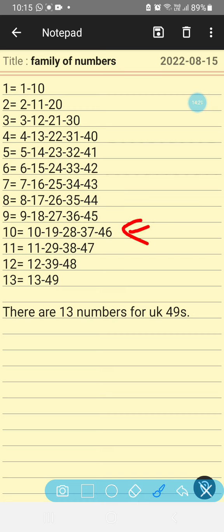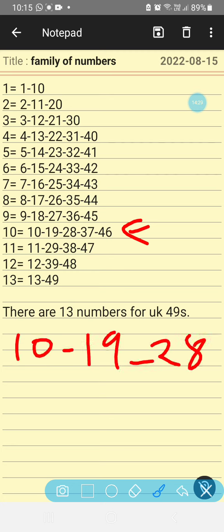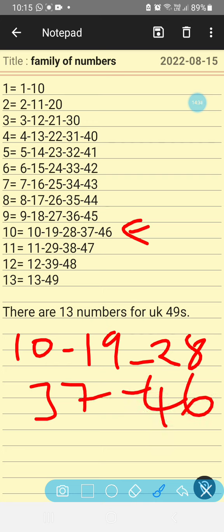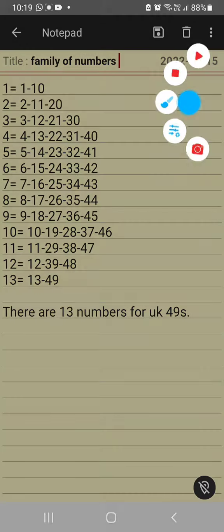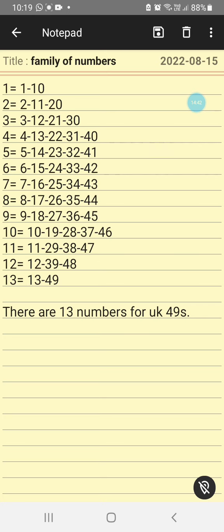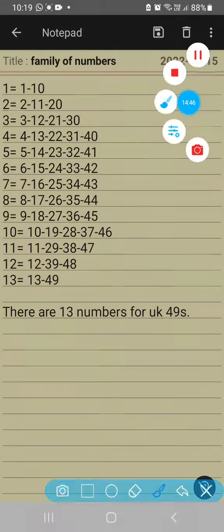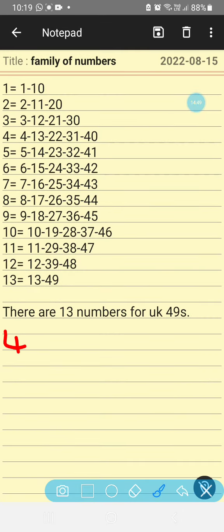Ladies and gentlemen, that's going to be a suggestion for bonuses today. 10, 19, 28, 37, and 46 there, right? Those are our first priority when it comes to bonuses. Let me just do something quickly here. Yes, so in addition to those numbers, you will use the following: 41, 24.